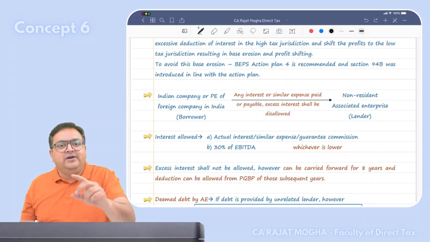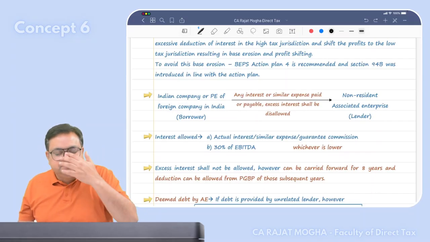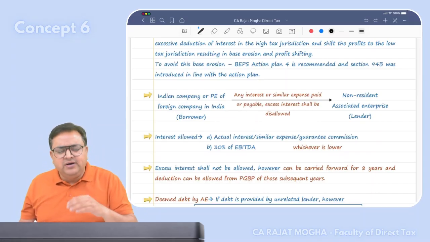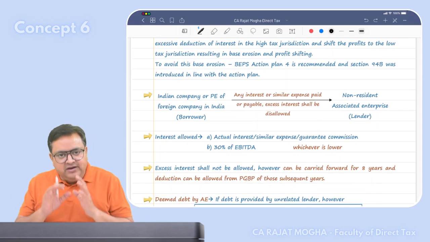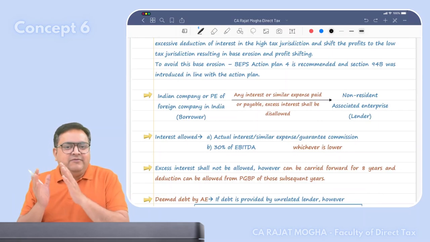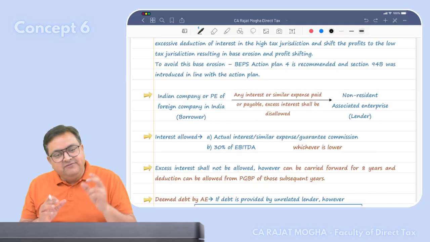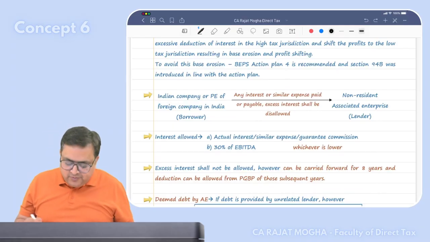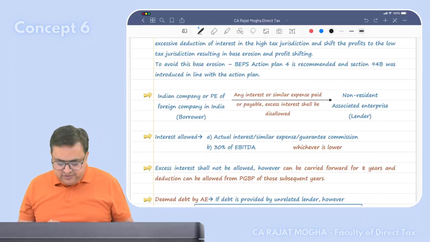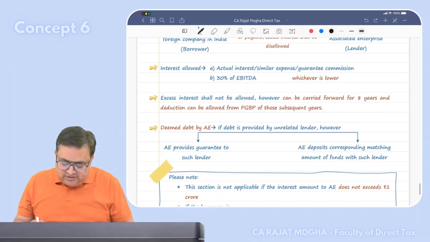No, it is not dead. We can carry it forward for another 8 years, and whenever there is space, whenever we are paying less than 30%, we can use that carried forward amount. So it can be carried forward for 8 years, and deduction can be allowed from PGBP of those subsequent years. Got it? And this is what we have already discussed.